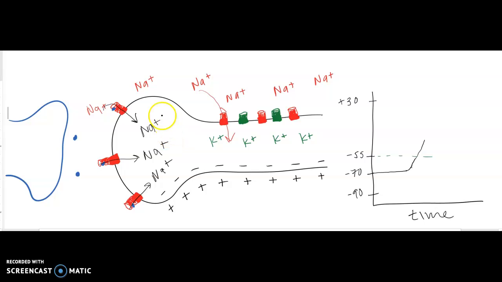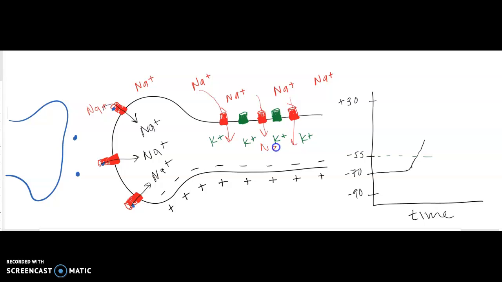Now, when collisions are happening and those positive charges are moving down this way, boom, this one opened up via the key. But it's not yet negative 55 here, so this one's nice and closed. But as I continue moving sodium in, now this one's at negative 55, so it pops its lid. This one pops its lid.